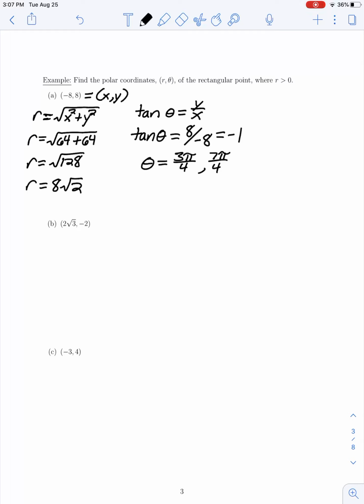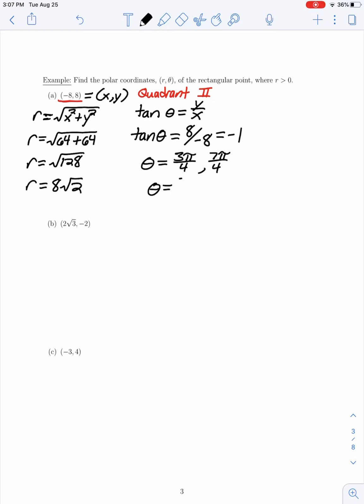Now, the question is, which of these two angles do we want? For this point, we had a rectangular coordinate given as -8, +8. So that means that we lie in quadrant 2, since our x value was negative and our y value was positive. So which of these two angle measures lies in quadrant 2?